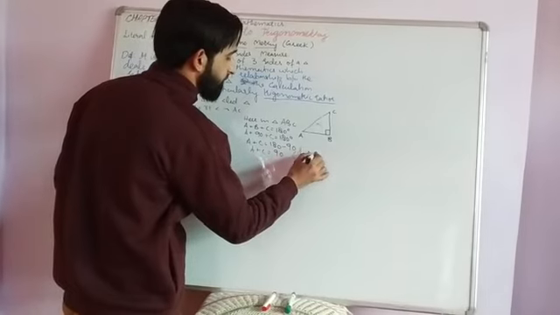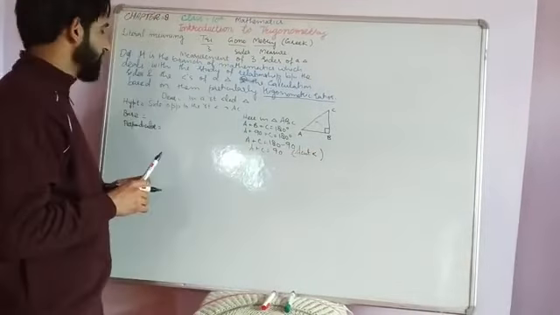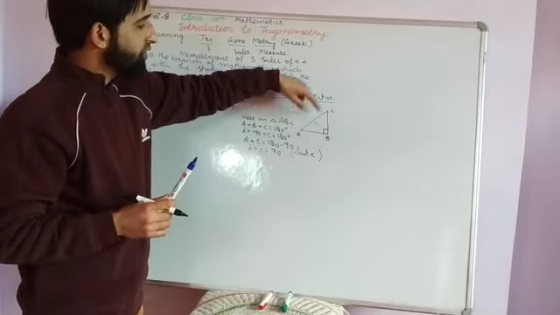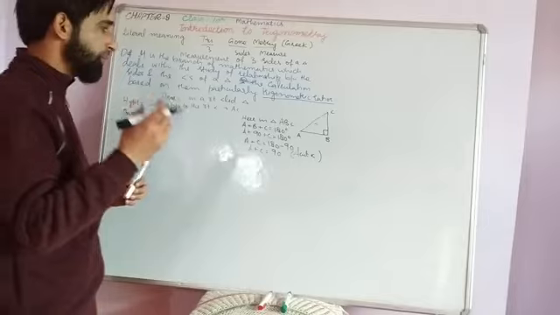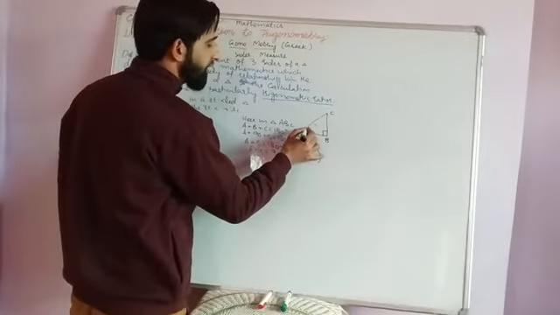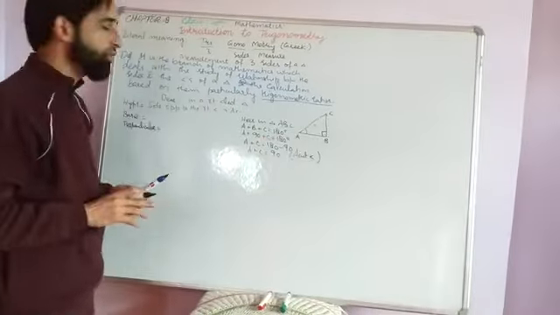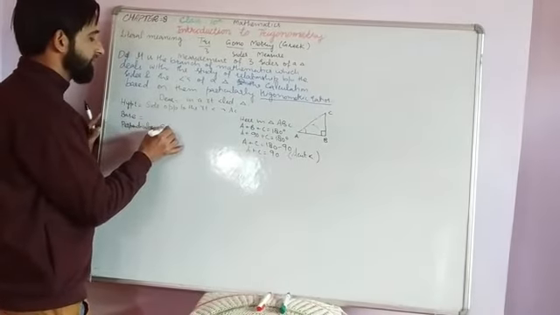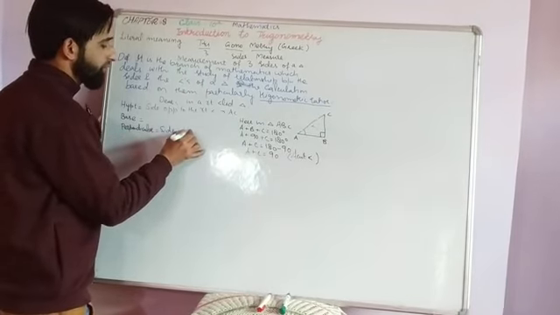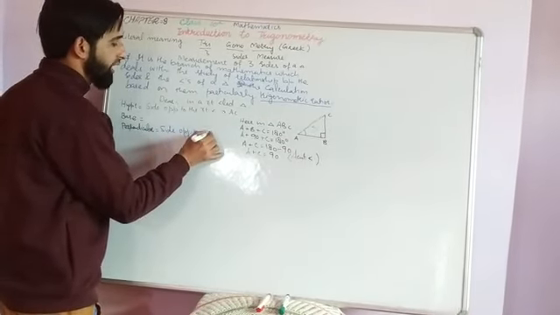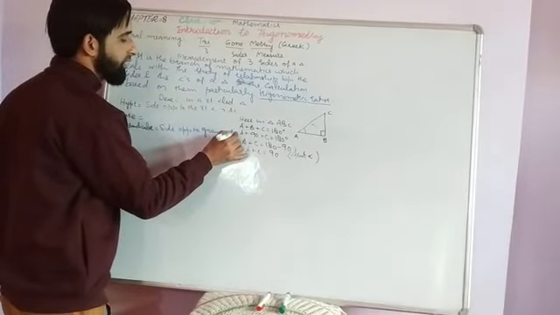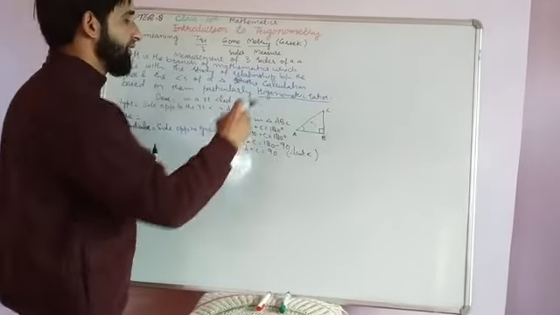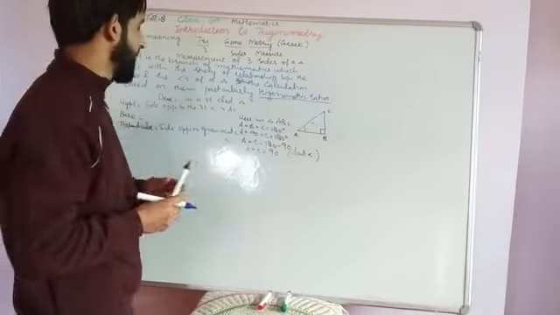Base and perpendicular interchange their places as we change the given acute angle. Suppose in this triangle ABC, I am considering angle A as the given acute angle. The perpendicular is the side opposite to the given acute angle.